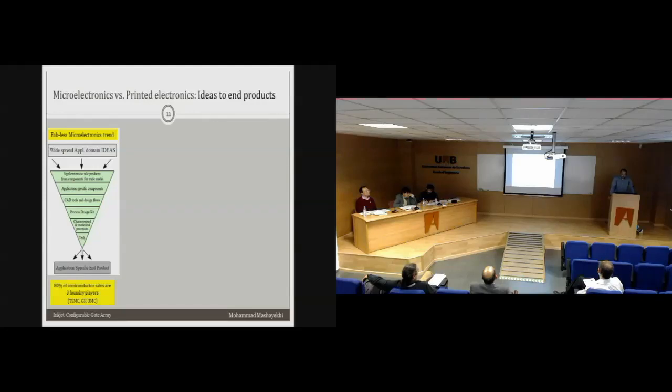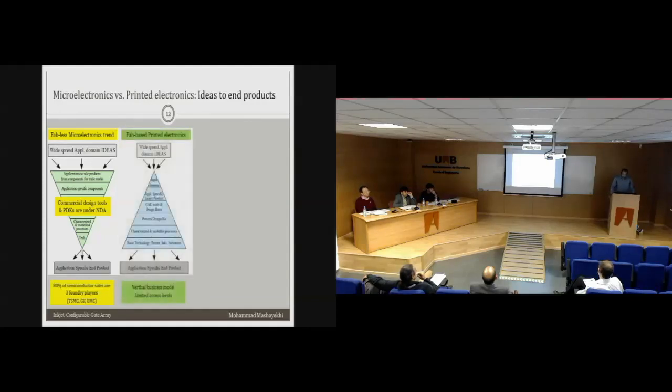There is a very widespread application domain, and in the middle of the way, there are several commercial design tools and process design kits that cause independency between the circuit designer and technology enablers. On the other hand, printed electronics is following a fab-based trend. It's a vertical business model, where there are several technologies, printers, inks, etc.